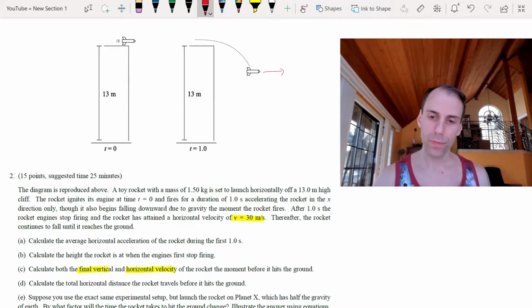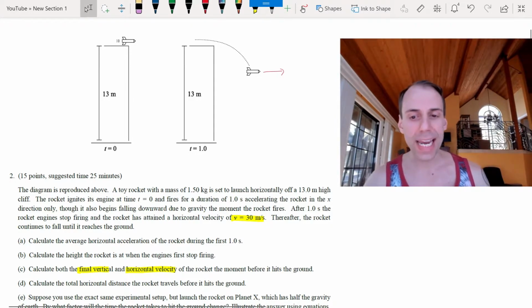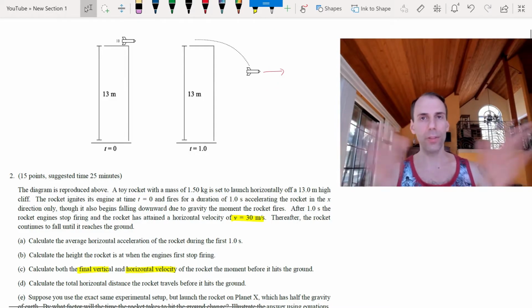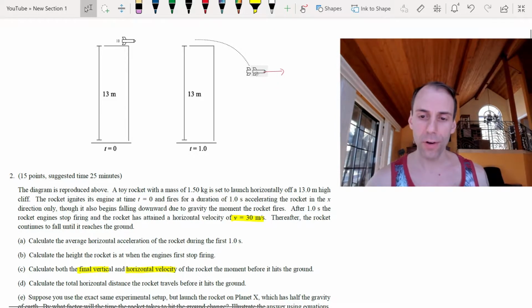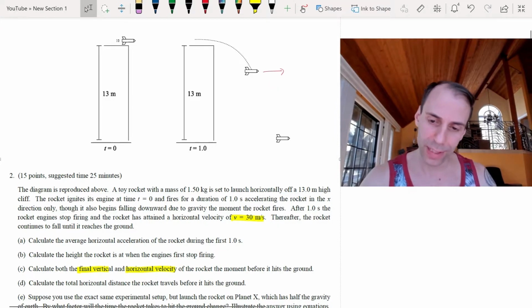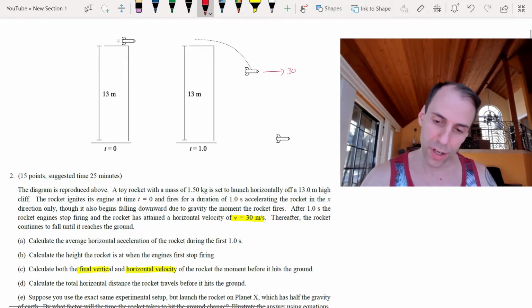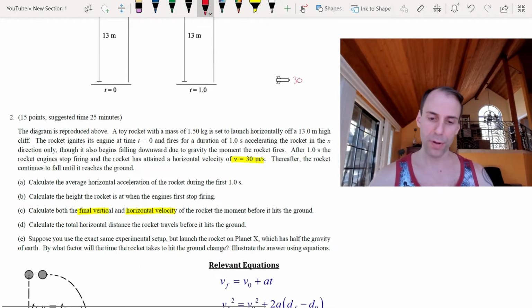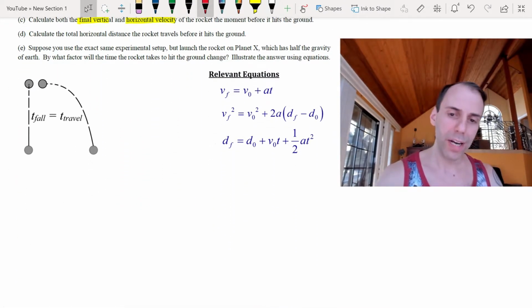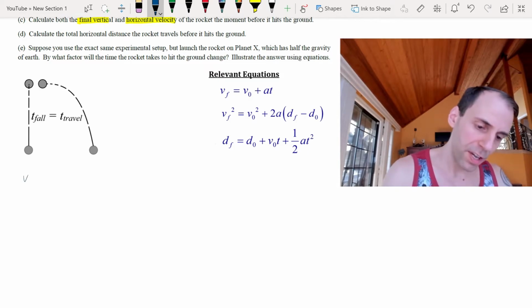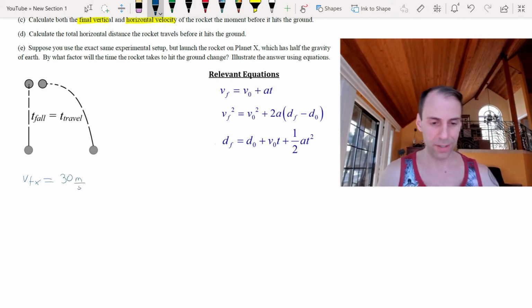That's not going to change because nothing is going on in the horizontal direction. So even though this thing continues to fall in a parabola, the final horizontal velocity was 30 here, and it's going to be 30 here. So we already answered part of this. v final in the x direction is 30 meters per second.